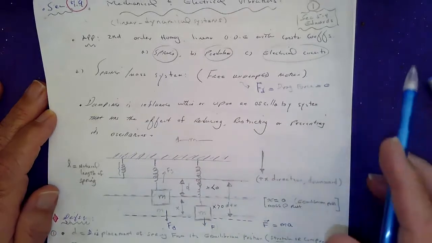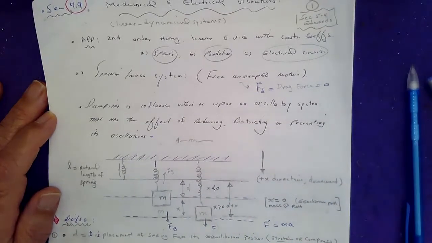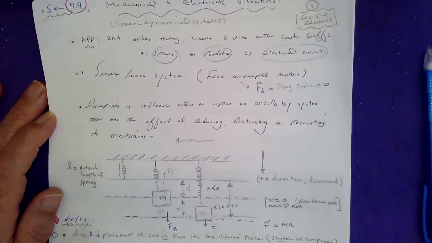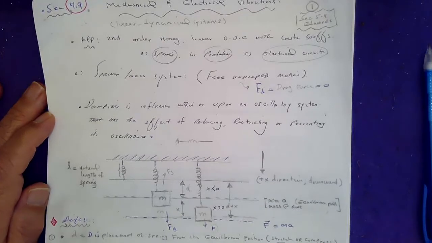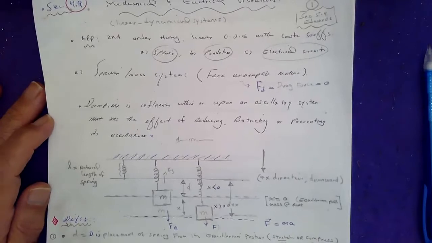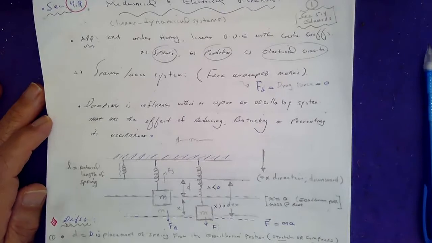So whatever it is that restricts or slows down the oscillation of a system is known as drag force. A prime example of a drag force could be air resistance, or it could be like if you put a spring inside, let's say, a bucket of oil.